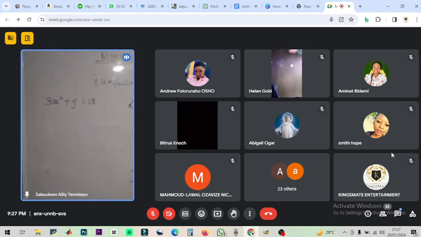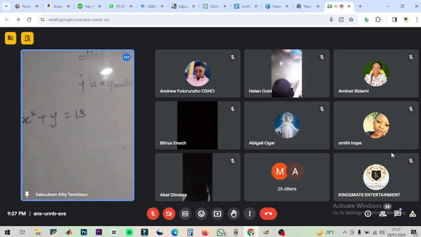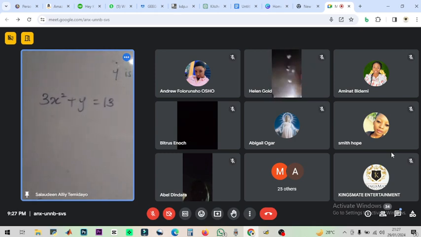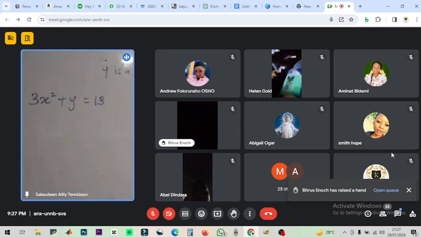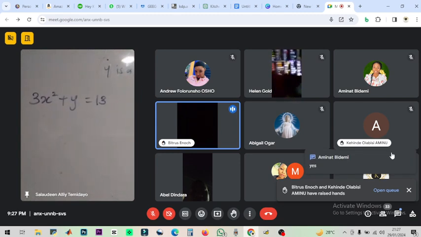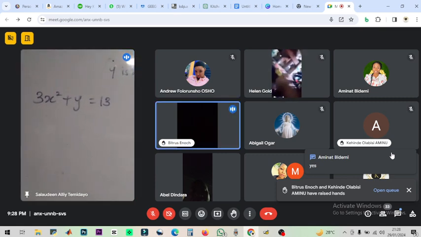So let's try that. Is there anyone done with it? Is y a function of x in this equation or not? Yes, y is a function of x, because if you find out the answer, you're going to get just 1. Perfect. Just 1.